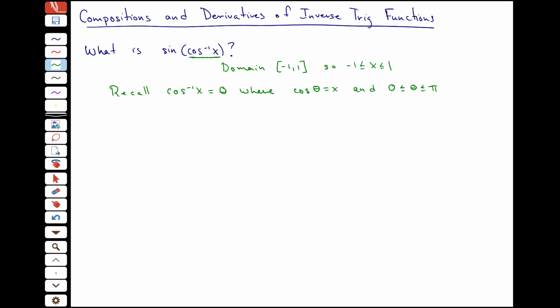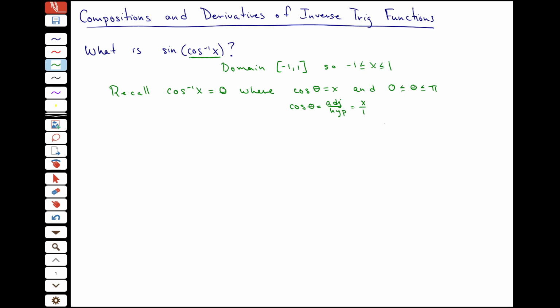Well, what we know about cosine is that cosine is equal to adjacent over hypotenuse. And so if that is equal to x, we can write x as x over 1.